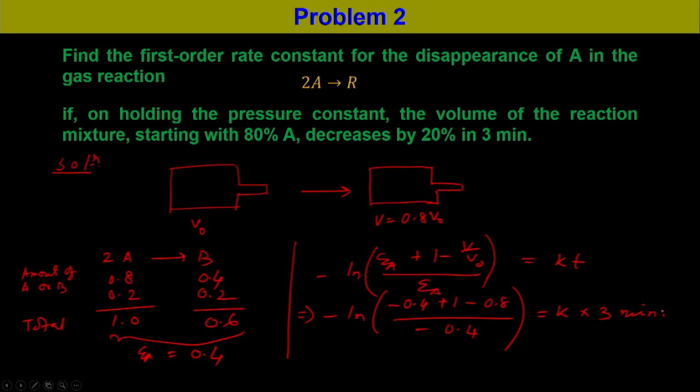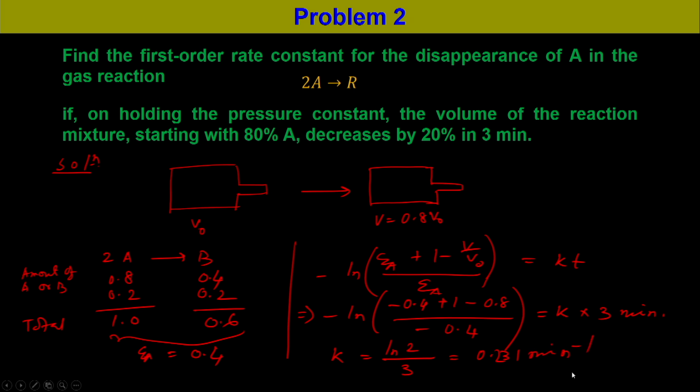So, this would be equal to k into 3. So, from here we can calculate k is equal to ln 2 divided by 3, which is equal to 0.231 minute inverse.